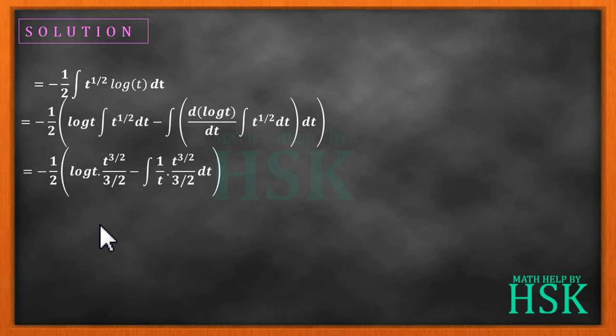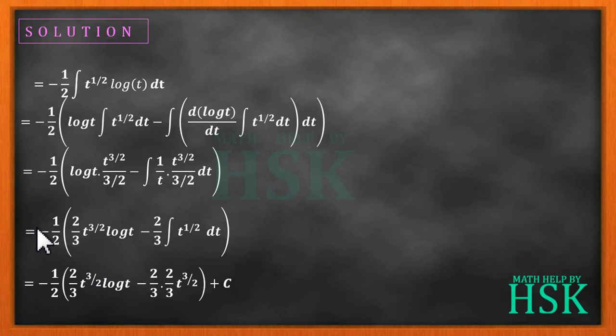Further I can simplify t and t to the power of 3 by 2 to write this as t to the power of 1 by 2, and here in the denominator we have 3 upon 2, so this is written as 2 upon 3 and 2 upon 3. Now further I have to integrate this term only. So this term as it is, and integration of t to the power of 1 by 2 is equal to t to the power of 3 by 2 upon 3 by 2, so it is written as 2 by 3.